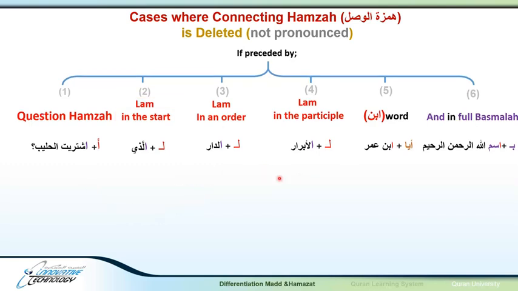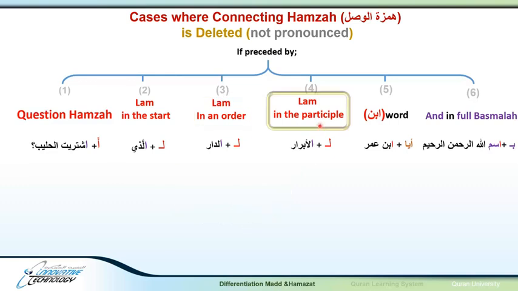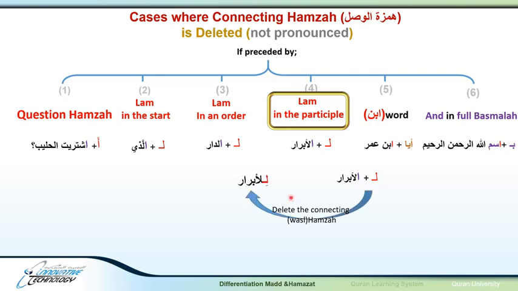Next example is related to lam in order. La plus الدار. We don't say la الدار, but instead we say للدار. للدار الآخرة. Lam in participle, lal abrar. We don't say la al abrar, but we delete this and we say lal abrar.